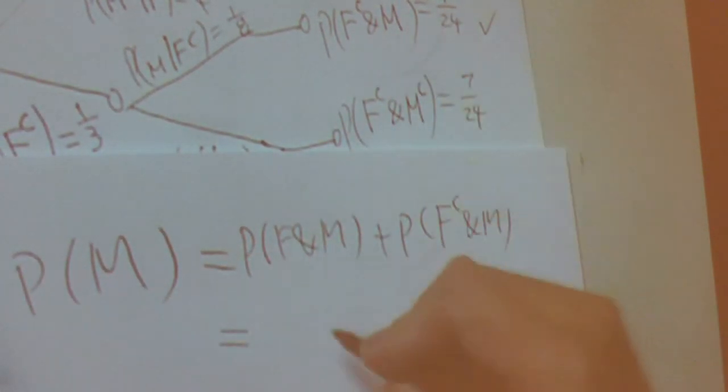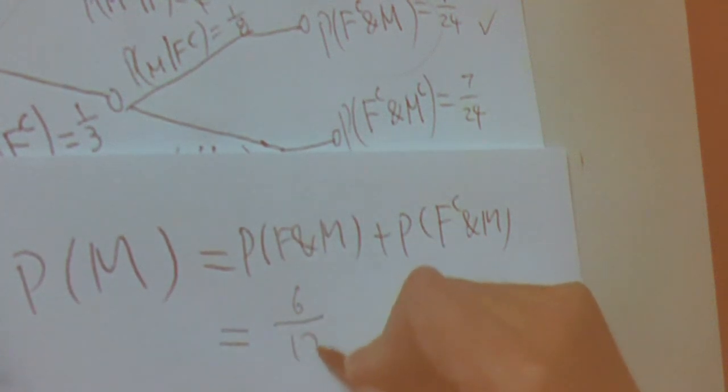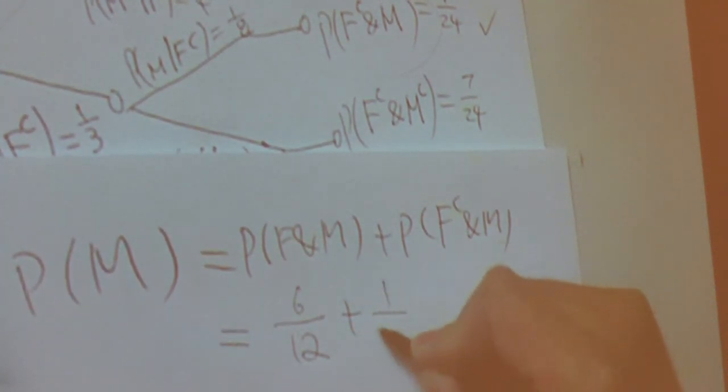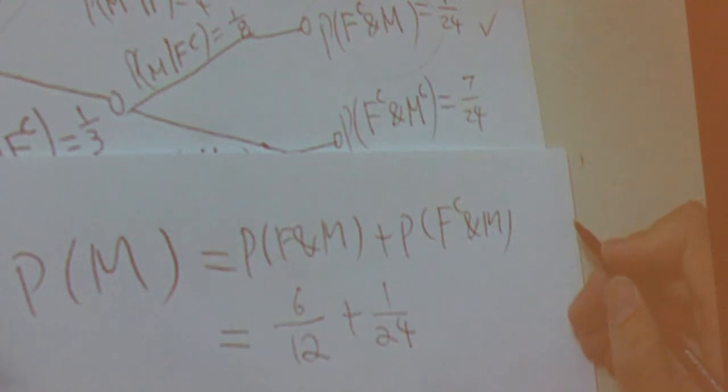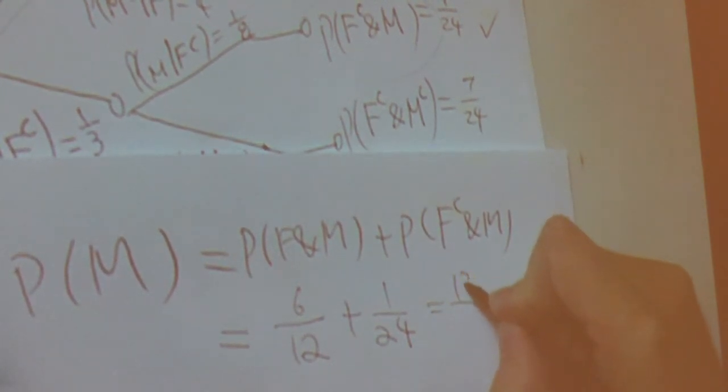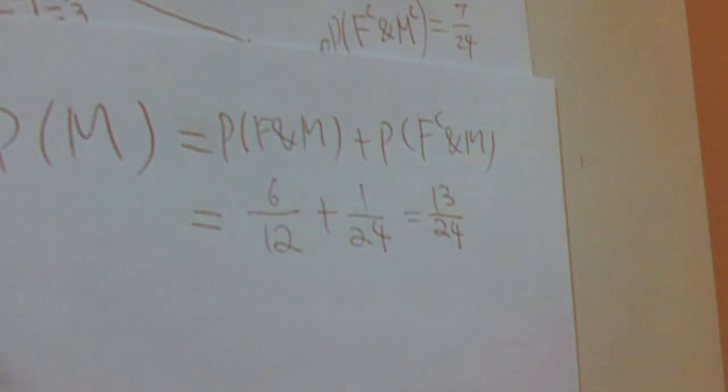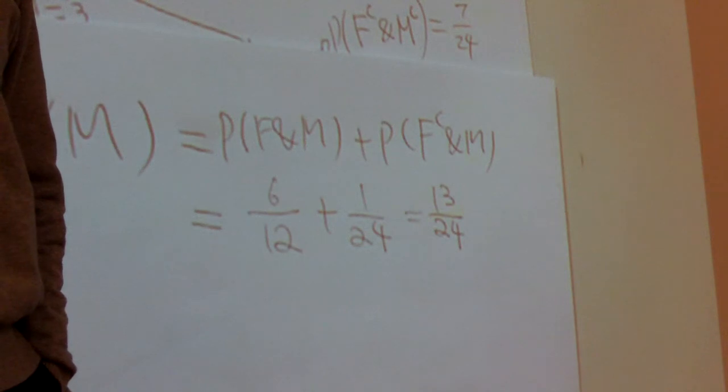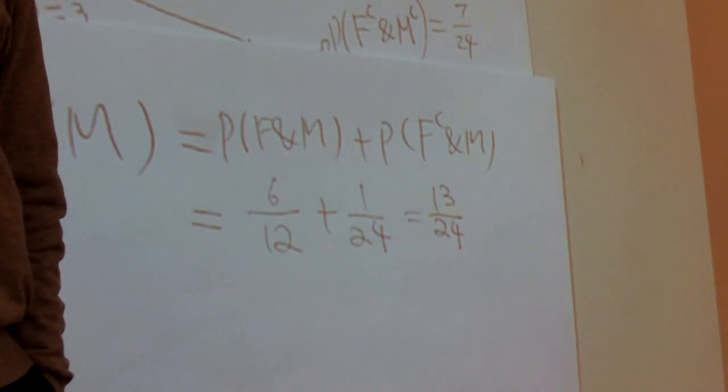And the answer will be 6/12 plus 1/24. So the answer is 13/24. Is that clear? Good. That's the probability that the company makes a profit on a weekend.